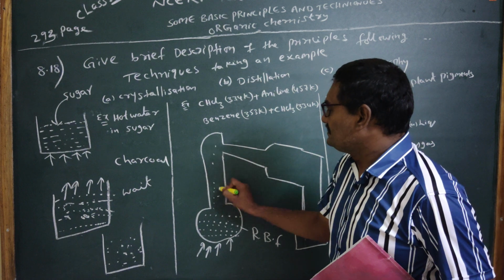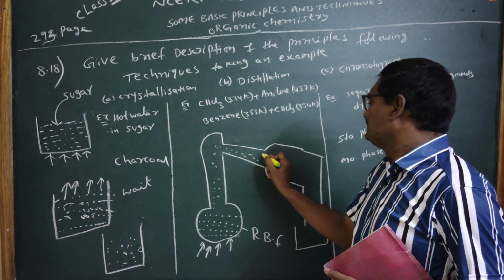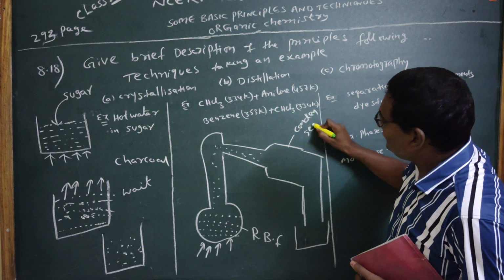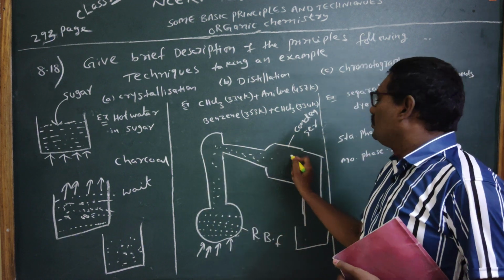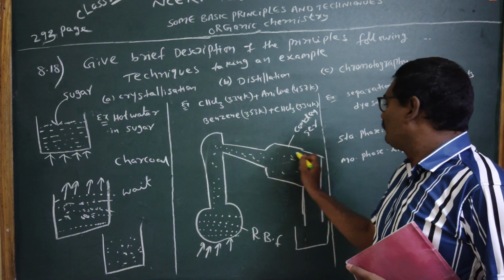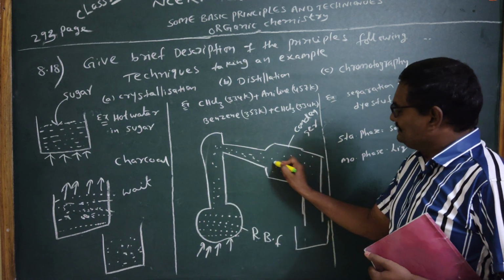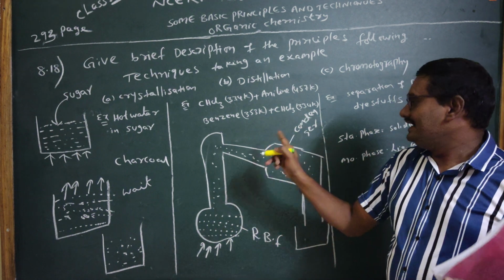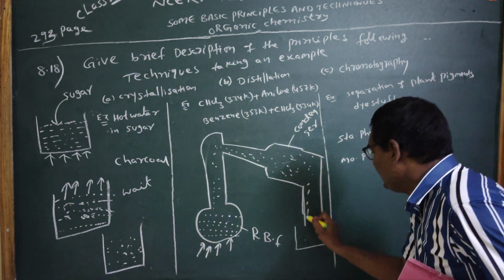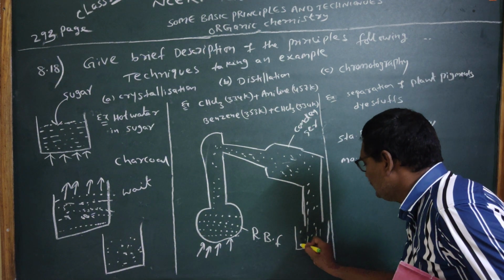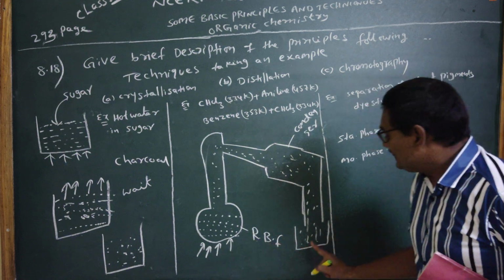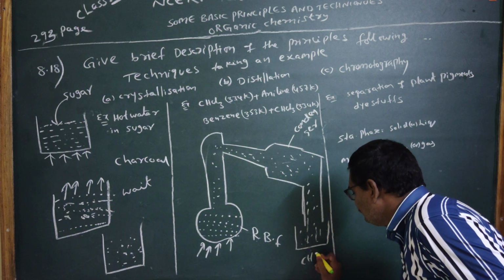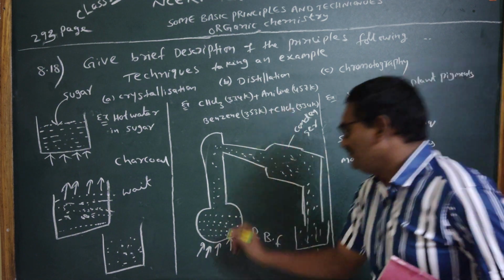The chloroform vapors enter the condenser, where they become liquid and go into the beaker. Here the compound is chloroform; the remaining compound is aniline.